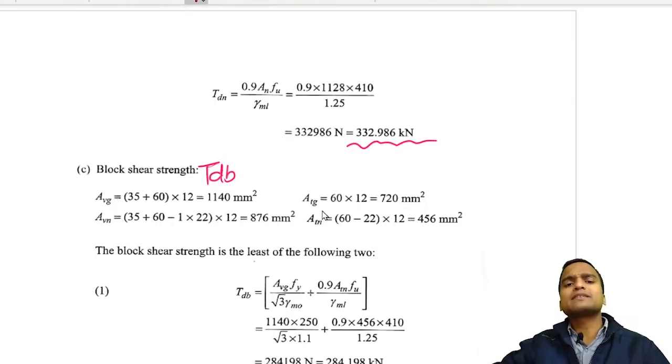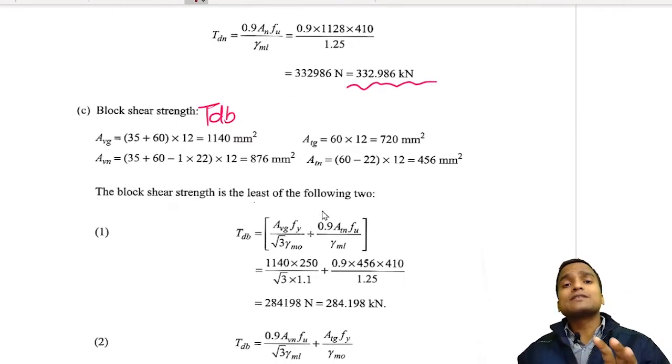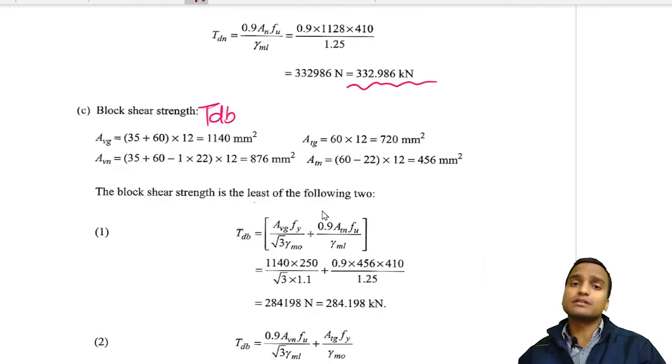We know the block shear strength incorporates the calculation of four areas. In block shear there is a combination of shear failure and tension failure, and both occur on perpendicular planes. So we calculate the gross area and net area in the shear plane, and also the gross area and net area in the tension plane.